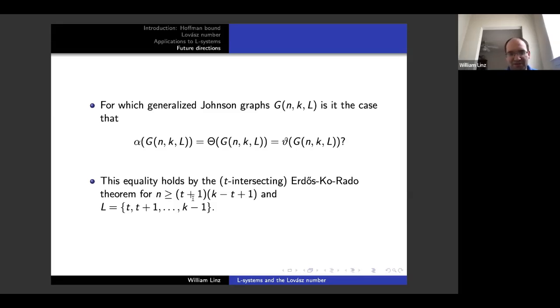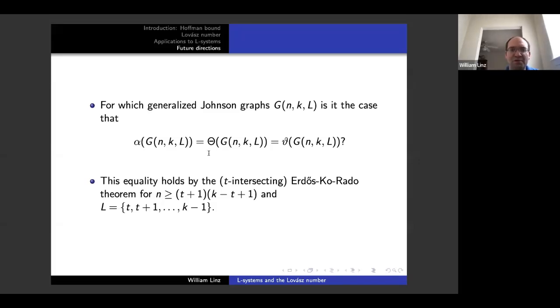Are there infinite families of graphs? I was able to construct one infinite family of graphs for which this equality does hold. I have conjectured that there is a different family of graphs for which this should also hold, and it would be curious to figure out for which generalized Johnson graphs this holds, with n tending to infinity, let's say, and fixed k and L.